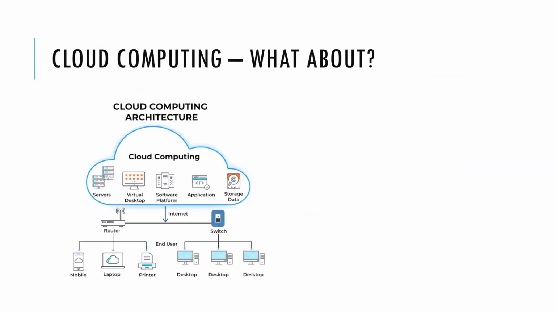As you have seen, we have discussed a little bit on cloud computing and how it is delivered. Explaining to a common person what cloud computing is: it can be any end user, a mobile user, a laptop user, or a printer, anything connected with a switch or a router to this cloud. The cloud can give access to a virtual desktop, a software platform, an application, or some data.